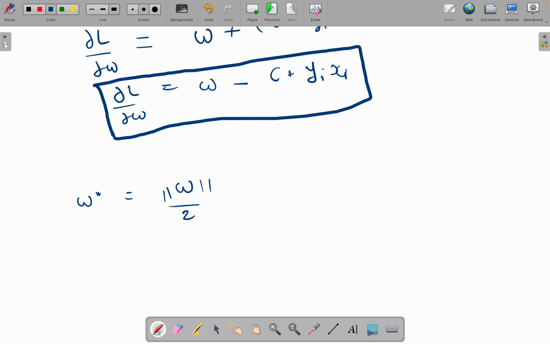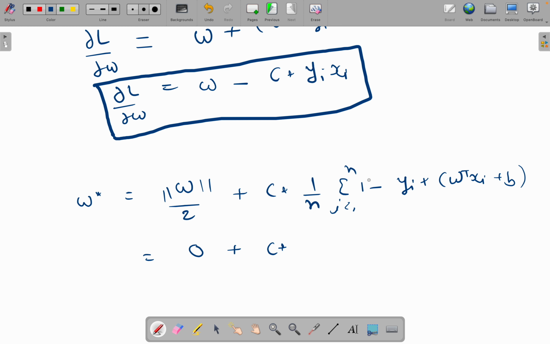Then this term will be 0 because W will be treated as a constant, so this will be 0. c times this one will also be 0 because it is constant, so it can be 0. Minus yi will be same, multiply this term also will be treated as a constant because it doesn't have b in it, right? So let's say 0 plus b, then if you simplify it will be c times minus yi, this b will become 1, right?